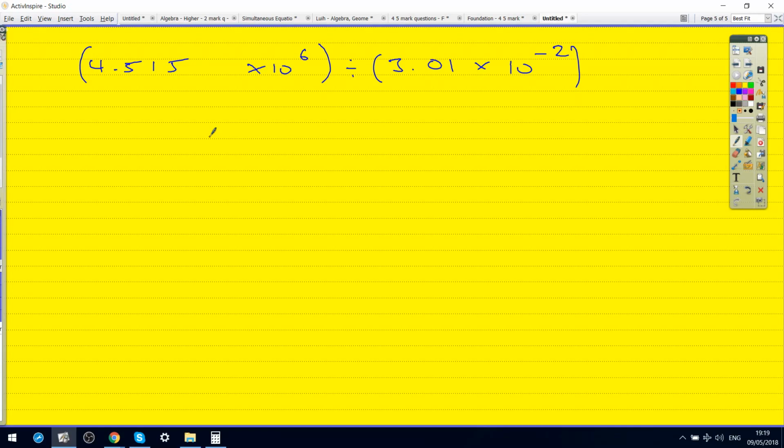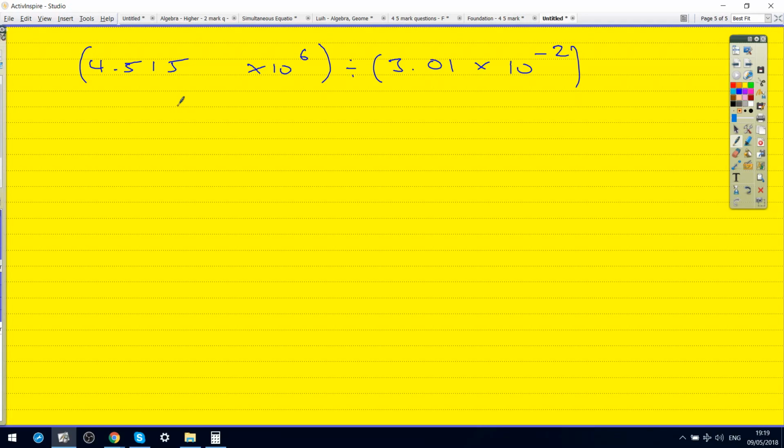Well, this calculator doesn't do to the power of. Any idea how you could do 10 to the 6 for the bracket on the left without a calculator? It's 10 times 10 times 10, 6 times.